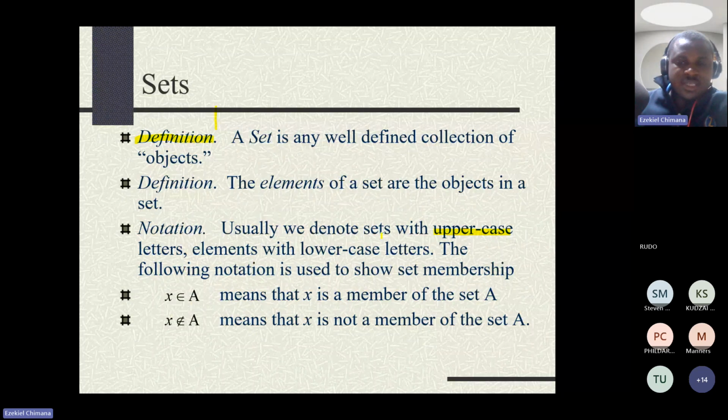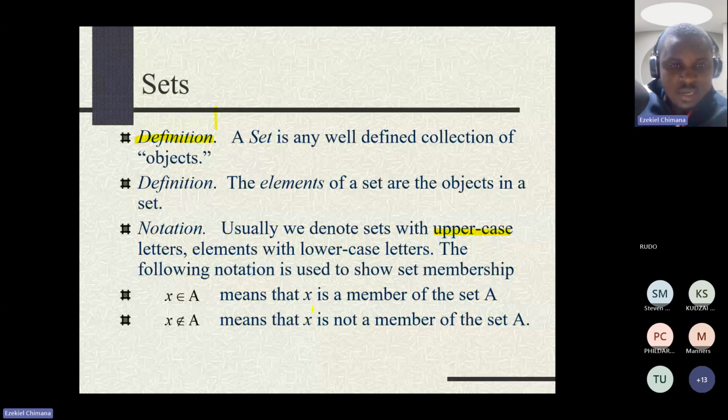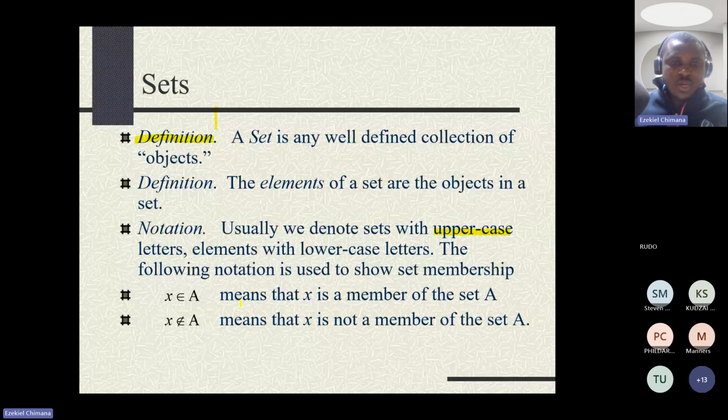Okay, so I was saying that if we've got a set of students, then S maybe will be the letter representing the set, and for the elements we use small letters like x, y, z. So x is an element of A, something like this.